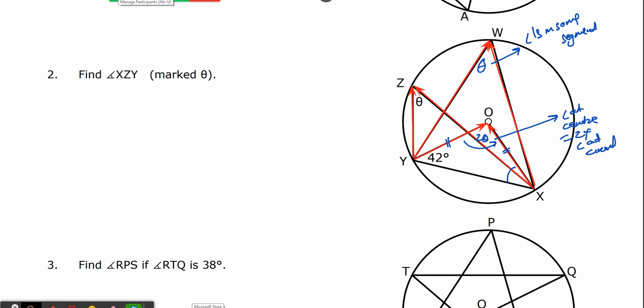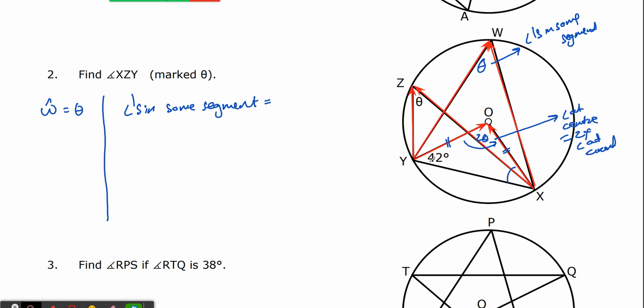All right, let's put it together. So now what we have here is this is our last question, right? And this is going to be W. We started from W, so we'll say W equals theta because of angles in the same segment. And then angle XOY is also equal to 2 theta, angle at the center equals 2 times the angle at the circumference.